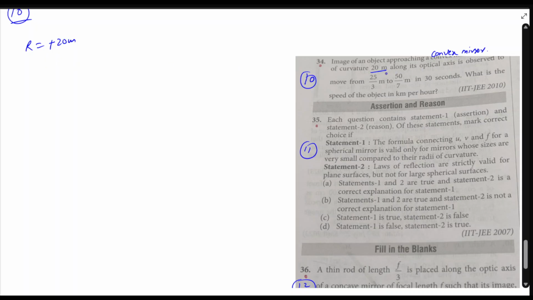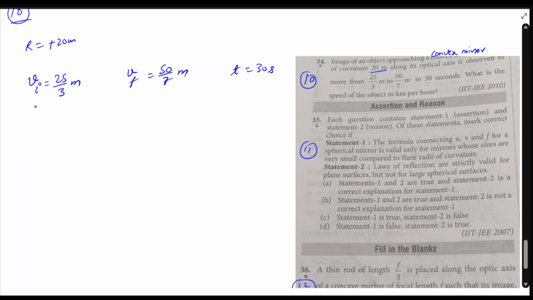The image of an object approaching a convex mirror is observed to move from this to this. So v initial we say 25 by 3 meter, and v final we can say 50 by 7 meter, and the time it takes is 30 seconds. What is the speed of the object in kilometer per hour?